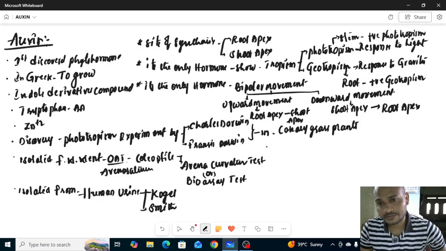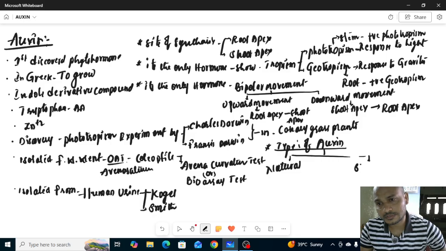And now coming to very important types of auxins. Auxin is generally of two types. One is natural auxin, second one is synthetic auxin.